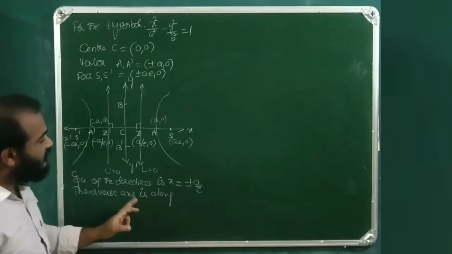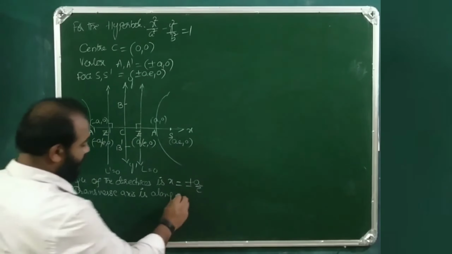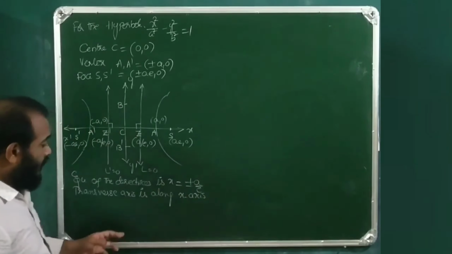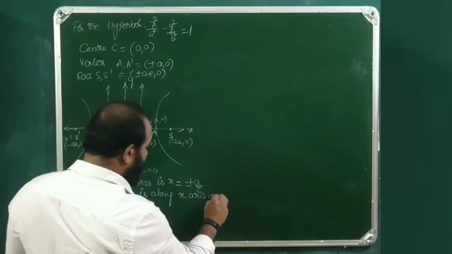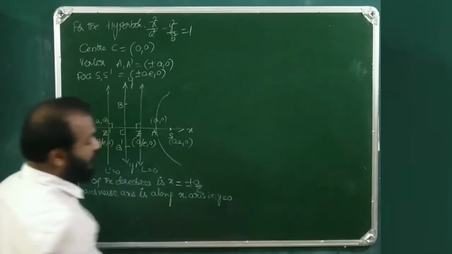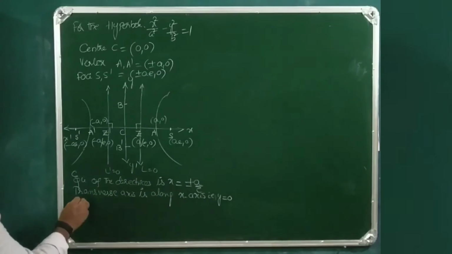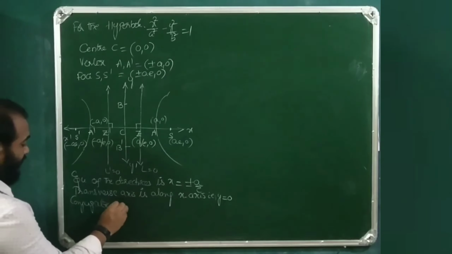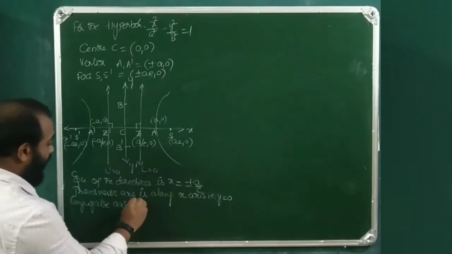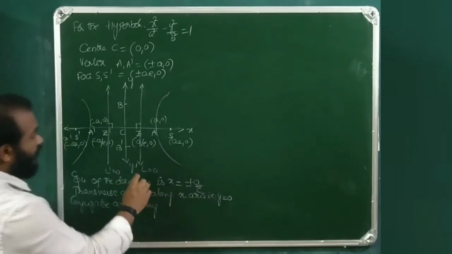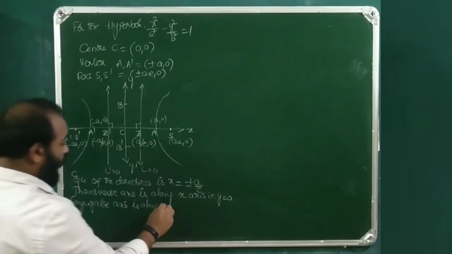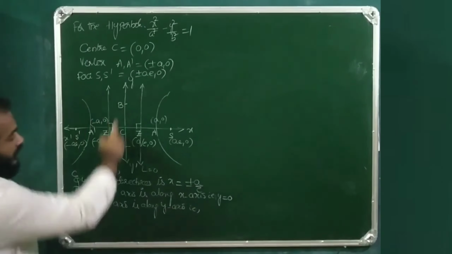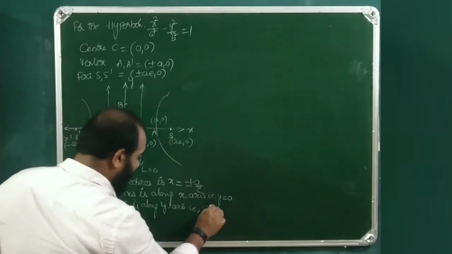So the transverse axis is along x-axis. So the equation of x-axis is y equals to 0, and the conjugate axis is along, this is the conjugate axis, this is along y-axis. That is, equation of y-axis is x equals to 0.